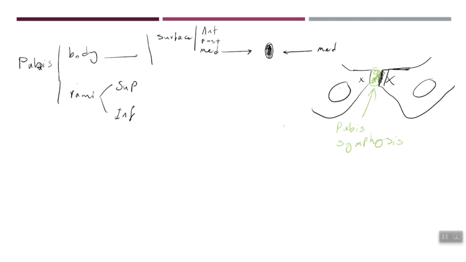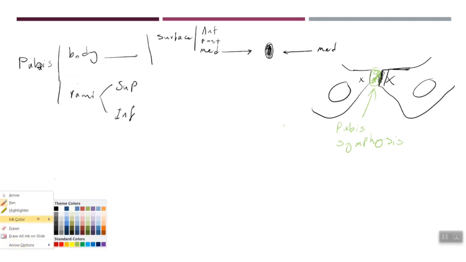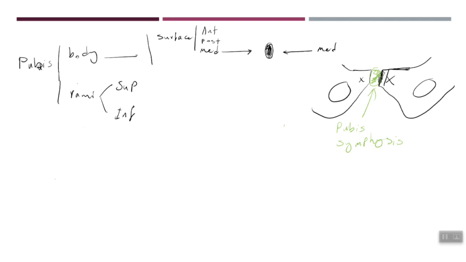And this is the body, and as you see in this picture, we have a superior ramus and inferior ramus. Okay, this is the superior ramus, and this one is the inferior ramus.